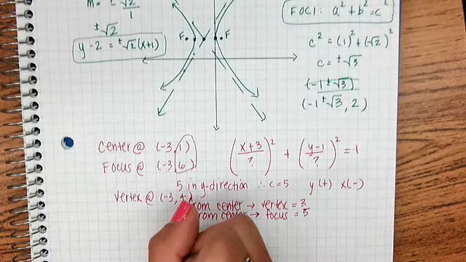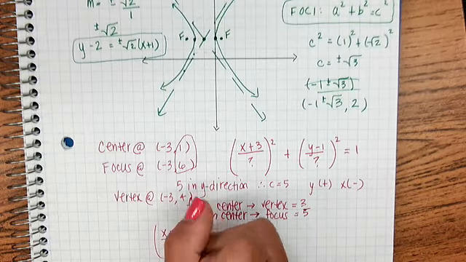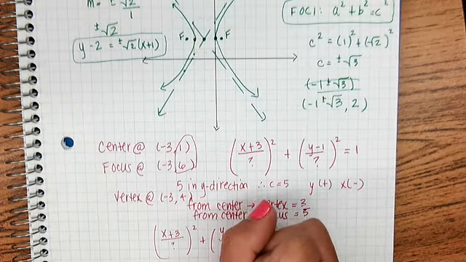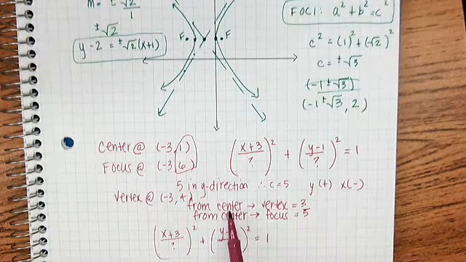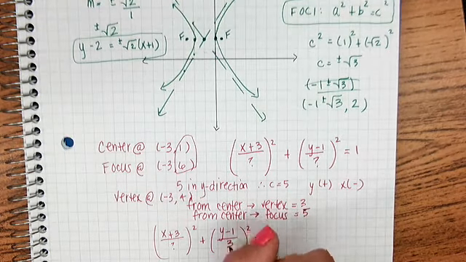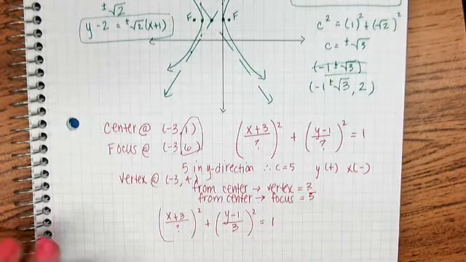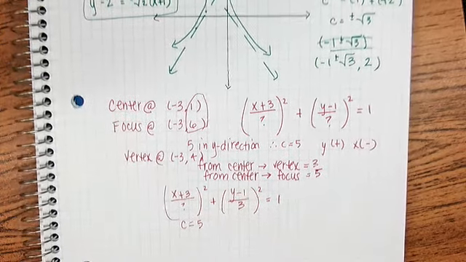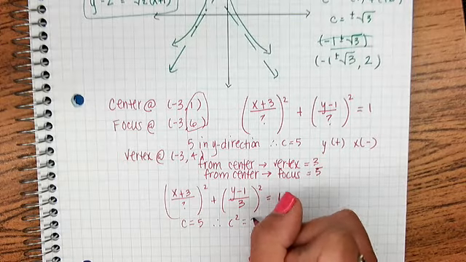Okay, so now I know x plus 3 over something squared plus y minus 1. Well, I know my something. From the center to the vertex is 3. If from the center to the focus is 5, that means c is 5. c squared is 25.